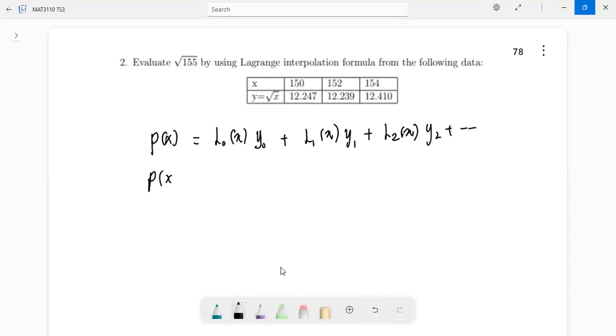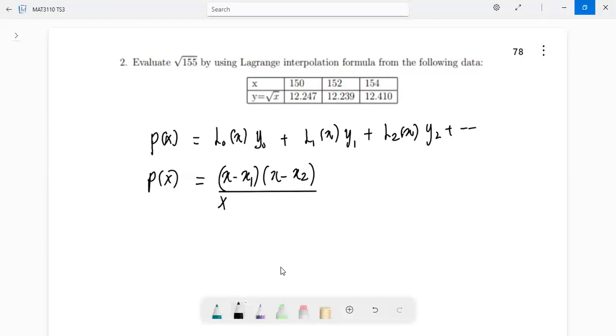Remember that on top, you need to have x minus something. What is going to be missing in the numerator is just the x0. You won't have x0 if you're finding L0, you won't have x0 on top there. So we're going to have x minus x1, x minus x2. And in the denominator, you're going to subtract everything from x0.